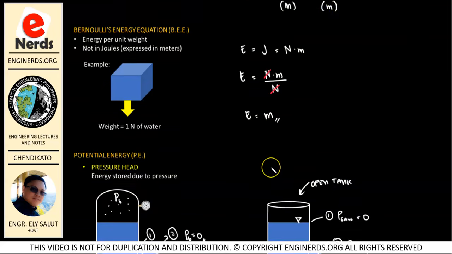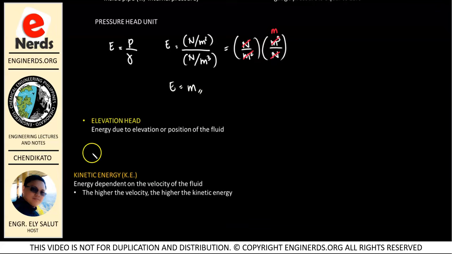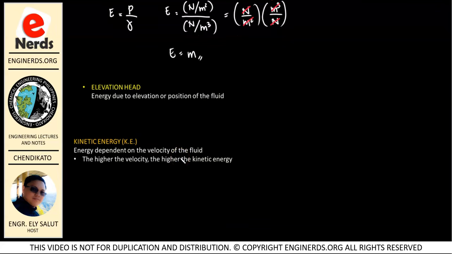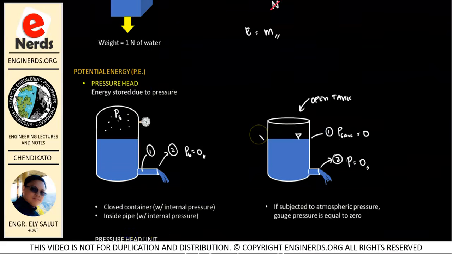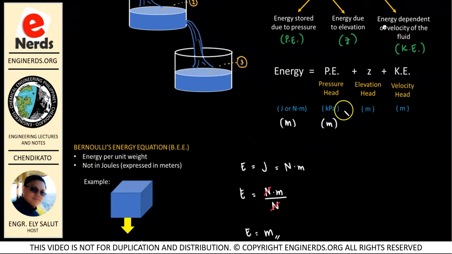How about in elevation head? So in elevation head, wala tayong masyadong problema because we are talking about location here. So it is already in unit of meters, di ba? So this is already in meters, so wala tayong problema. But how do we apply itong ating elevation head?